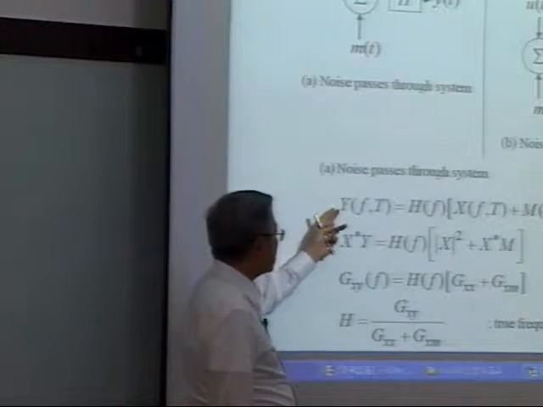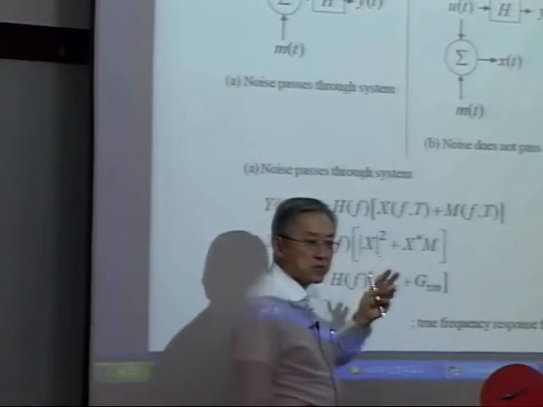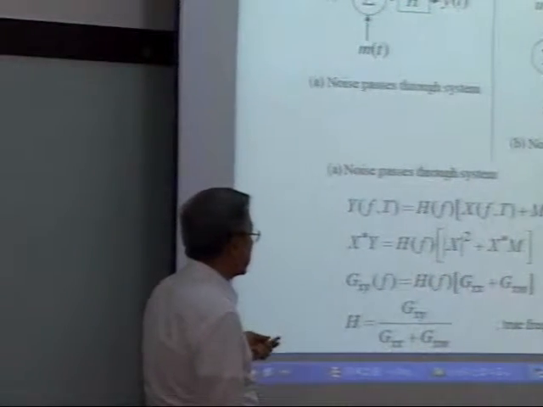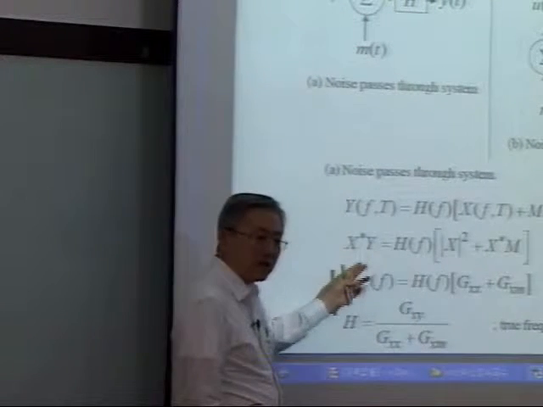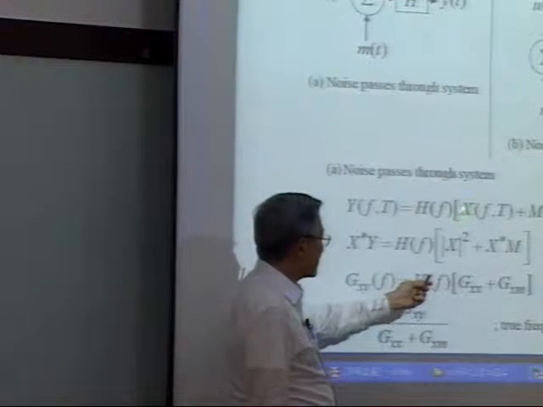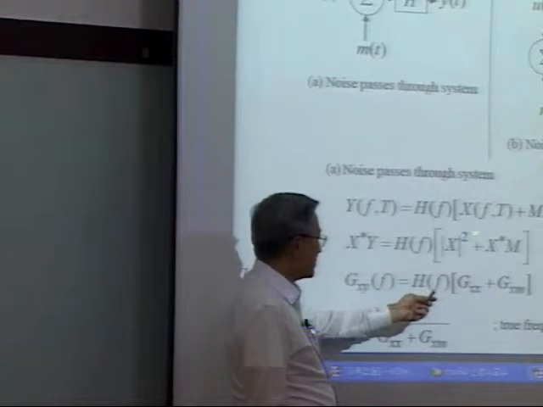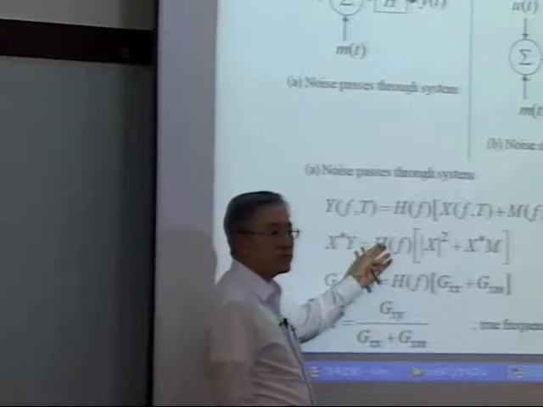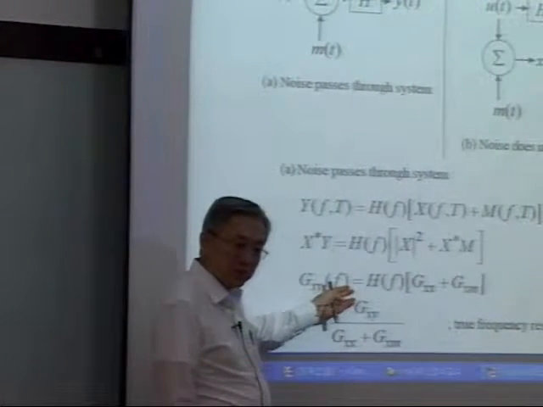So then Y is H times X plus M. It's all frequency domain. By looking at this, it's very clear. Then X star. Star means conjugate, times Y. Then X star X, X absolute square, plus X star M. Now, at this point, you can throw it into the spectra domain.